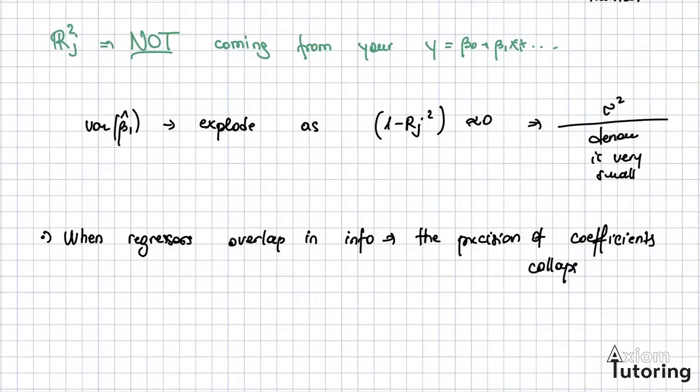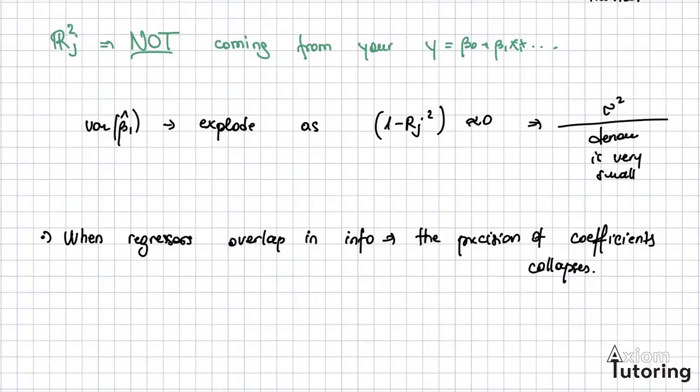And in a sense, it becomes very difficult for you to find out what is the true effect of one beta versus the other beta, because these x1 and x2 now are so closely intertwined.